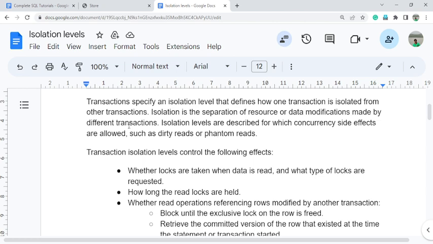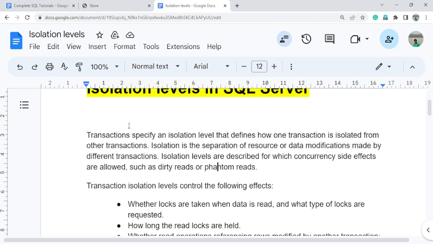A transaction is when the same table, or the same type of table information, is being updated by two different users. A transaction specifies an isolation level that defines how one transaction is isolated from other transactions. To avoid deadlock, we can use different levels of isolation. The isolation level is the separation of resources or data modification made by different transactions.